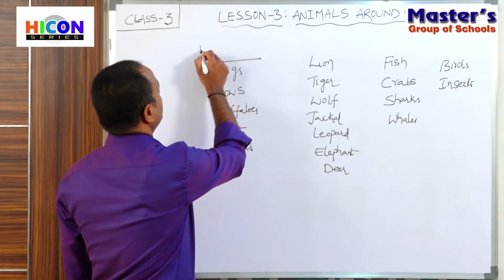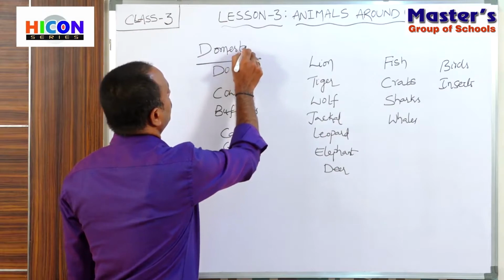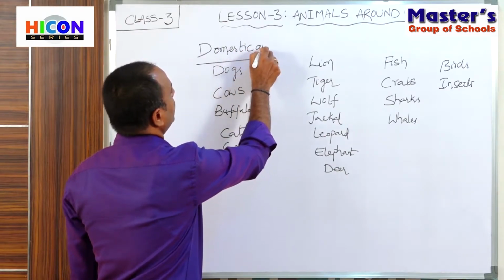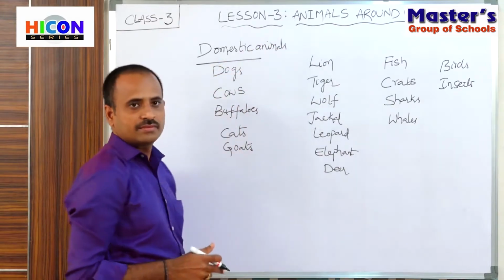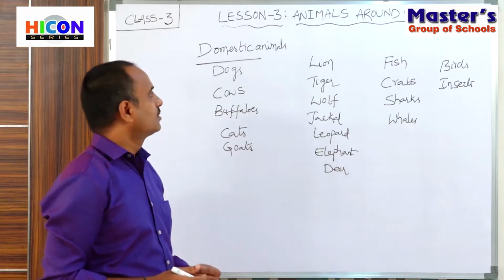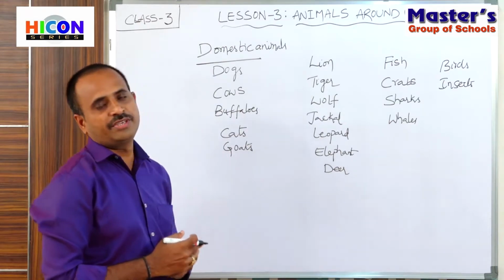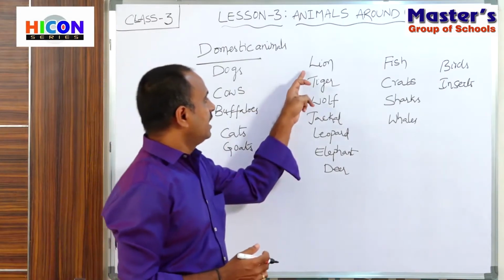That's why these animals are called domestic animals. Children, what are domestic animals? Dogs, cows, buffaloes, etc. are examples of domestic animals.